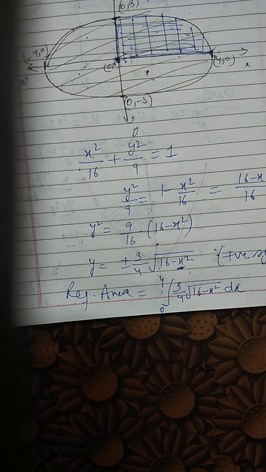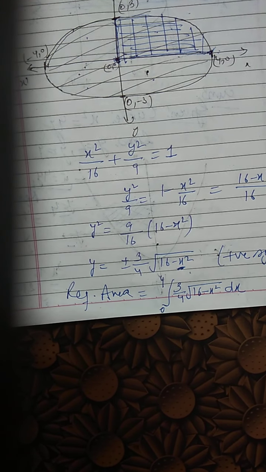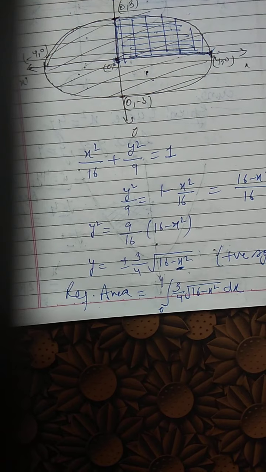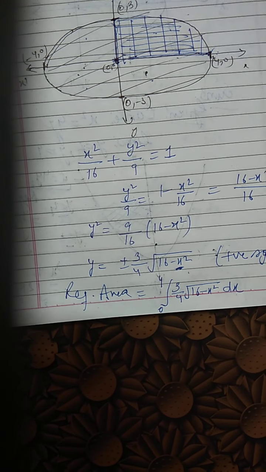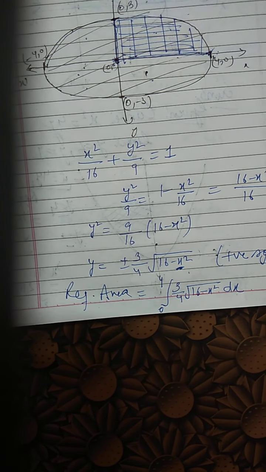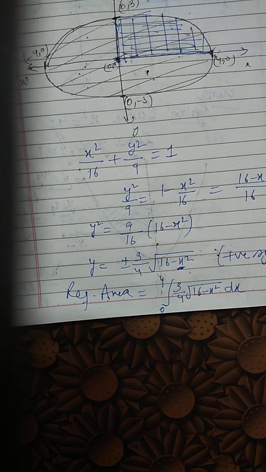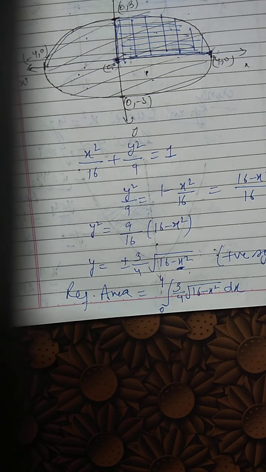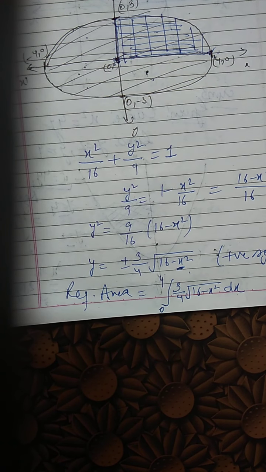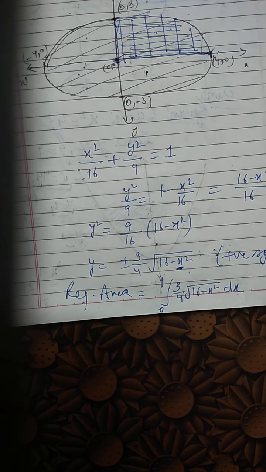It is x by 2, the same root, plus a square by 2 sine inverse x by a. So that formula we will apply here, and then we will just take our limits to get the answer. Okay, so let me show you the calculation part for this sum, and then you people will be able to do the next sum, which is very similar to this sum number 4.